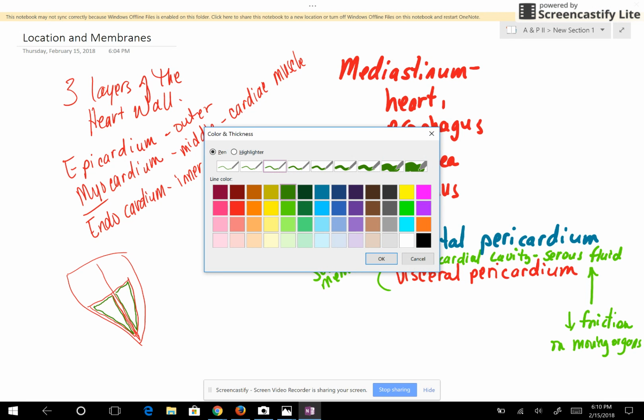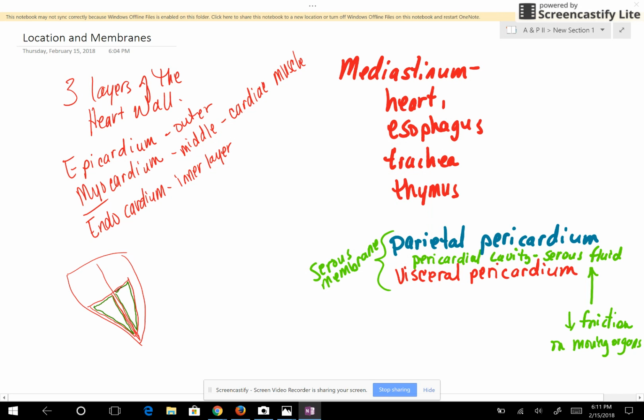Okay, the myocardium, I'm going to give it a browner color because that's what your cardiac muscle is going to be made out of. So here's your cardiac muscle. The cardiac muscle is going to be making up the myocardium. Remember that it's going to be thinner on the right side because the right ventricle is only pumping the blood to the lungs, while the left ventricle is pumping the blood to the rest of the body, to the systemic circuit.